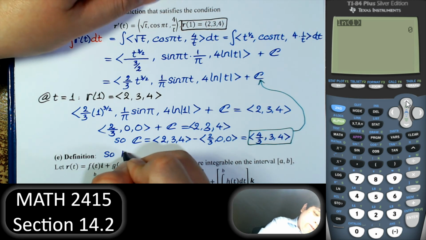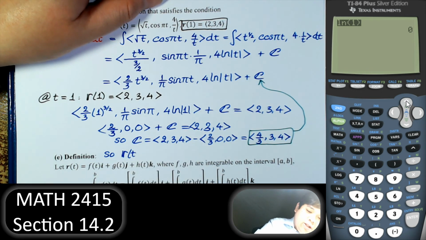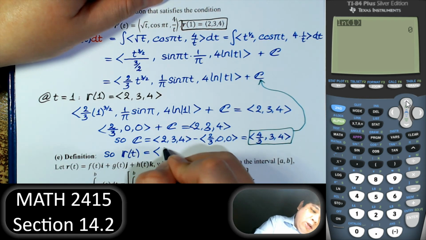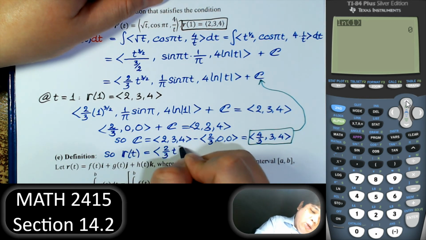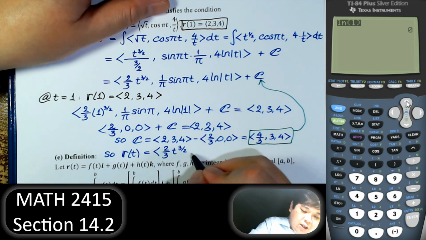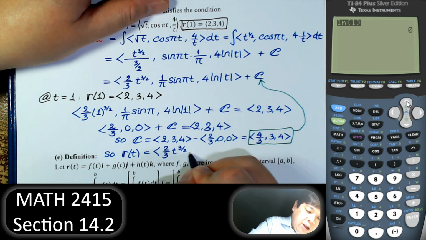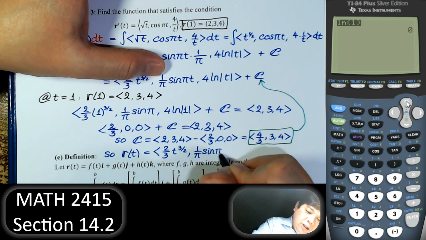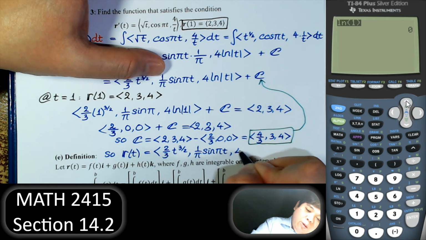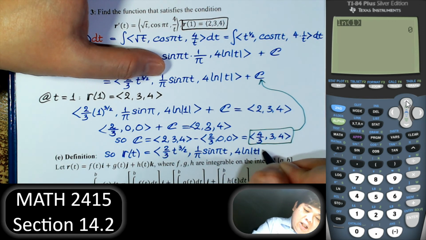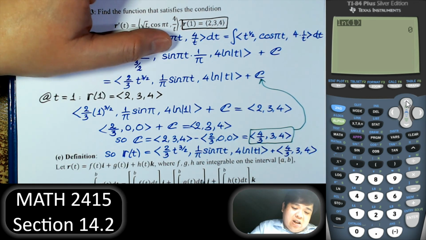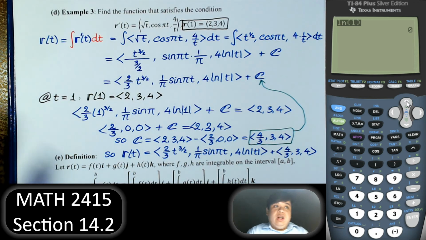So we have r of t equal to ⟨2/3 t^(3/2), 1 over pi sine of pi t, 4 ln of absolute value of t⟩ plus ⟨4/3, 3, 4⟩. We can add the components with components, or we're just going to leave it like this.